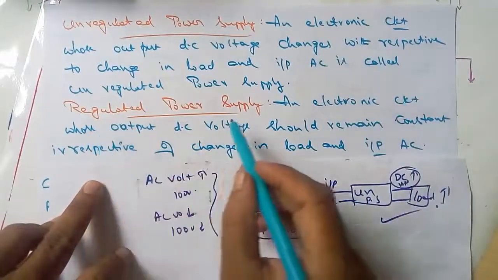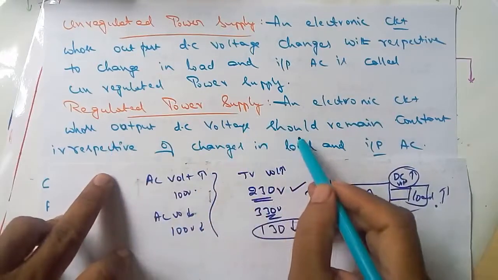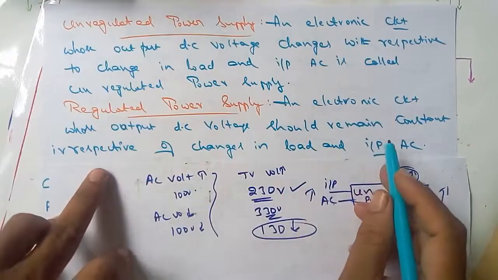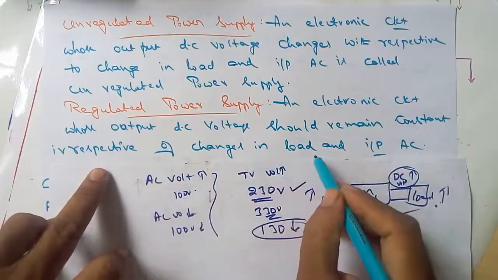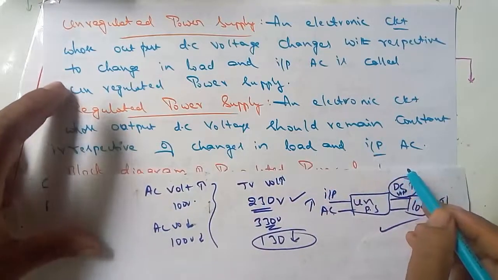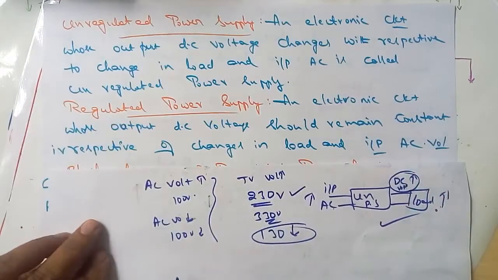A regulated power supply means an electronic circuit whose DC output voltage remains constant, will not change, irrespective of changes in load and input AC voltage.